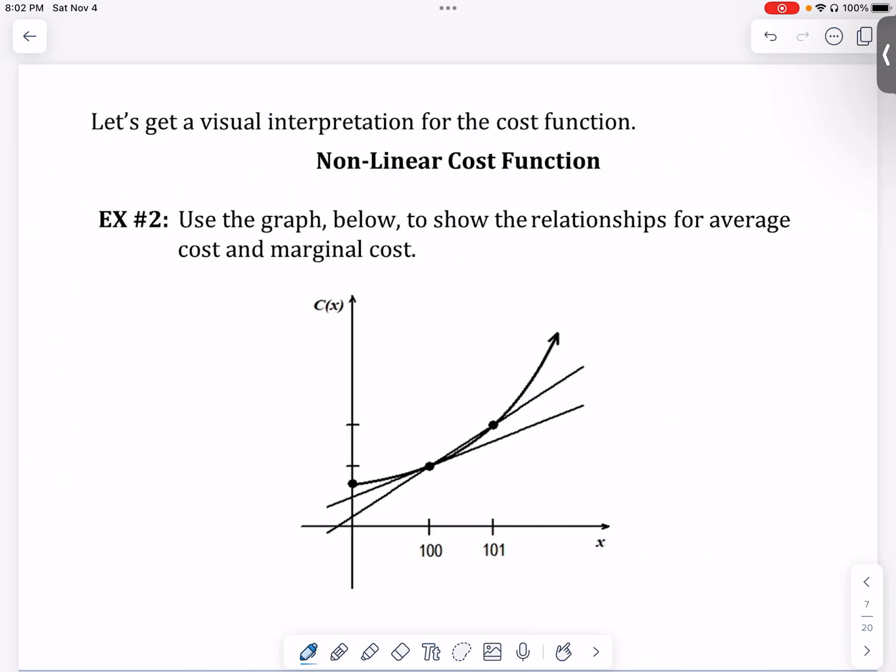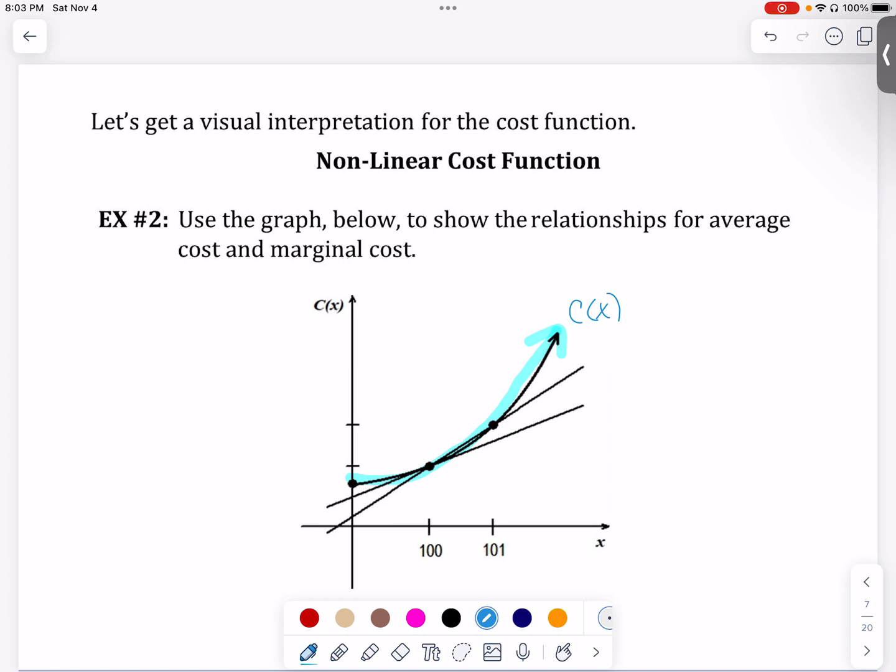Okay, so when we look at this graph here, we can see that if our cost function is this curved line, that would be our C of X function.